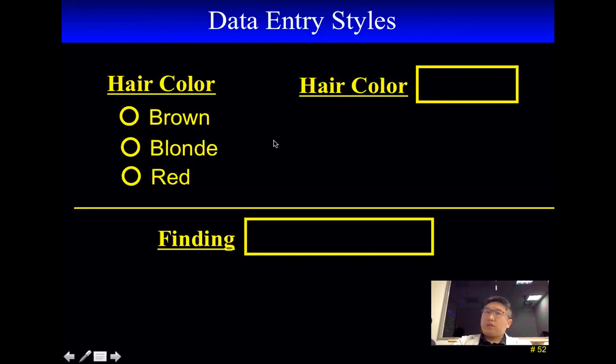Both are fine, but for the computer, we believe the first style is better. But for actual use, this one is more flexible. For example, here there's no black. So this style happens again and again when doing the clinical charting.